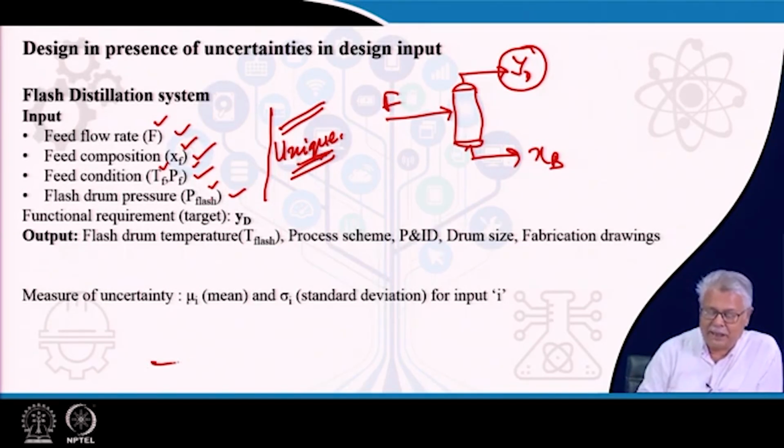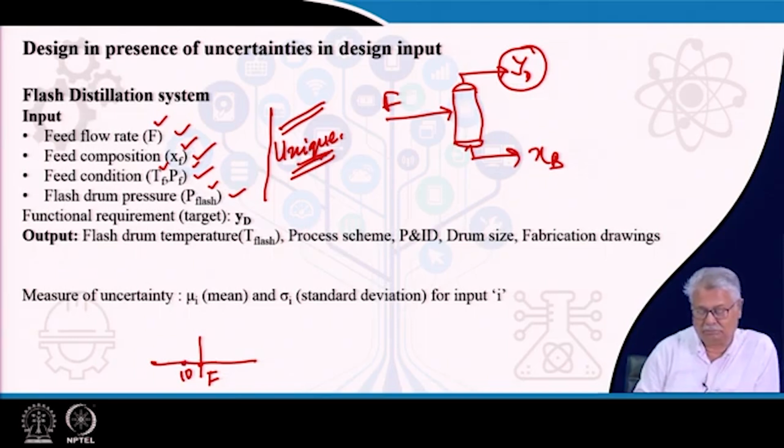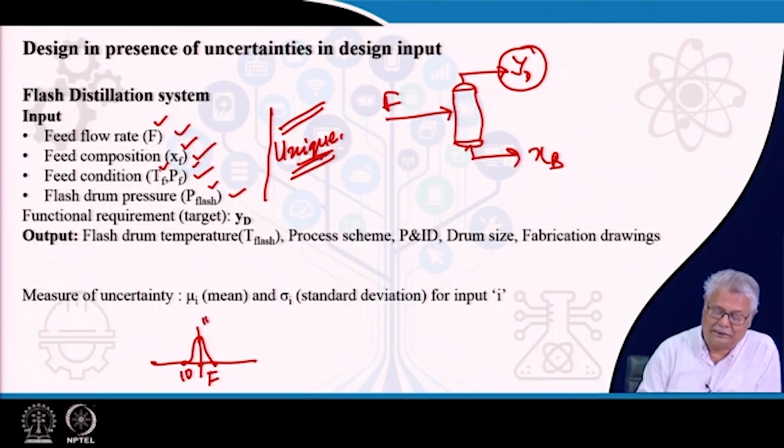That means, if I have a variable here, it could be feed, it could be 10 meter cube per hour, possibly this value is 10, but it could be 9.2 to maybe 10.8. And probably the maximum probable value has been 10.